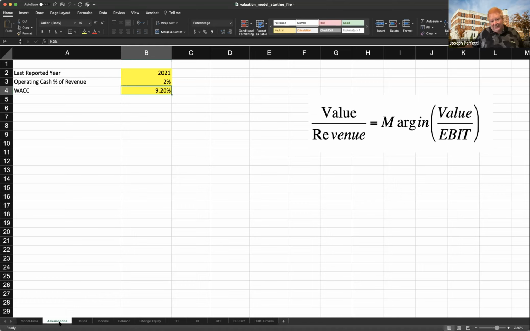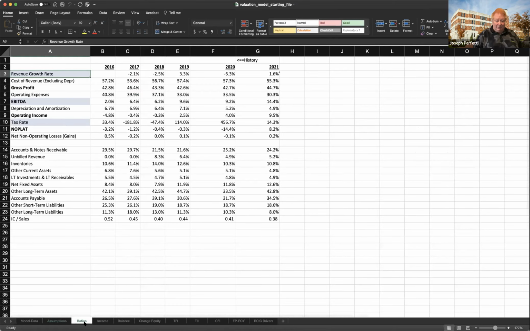The reason is because you forgot to change an assumption that you used for Nokia when you reuse the Nokia model for some other company. So in order to mitigate against that, we want to put the assumptions in as few places as possible in our model that we're going to reuse. In our model, they're going to be on two tabs, the assumptions tab and the ratios tab. Those are the only two places that we are going to put reusable assumptions in our model.